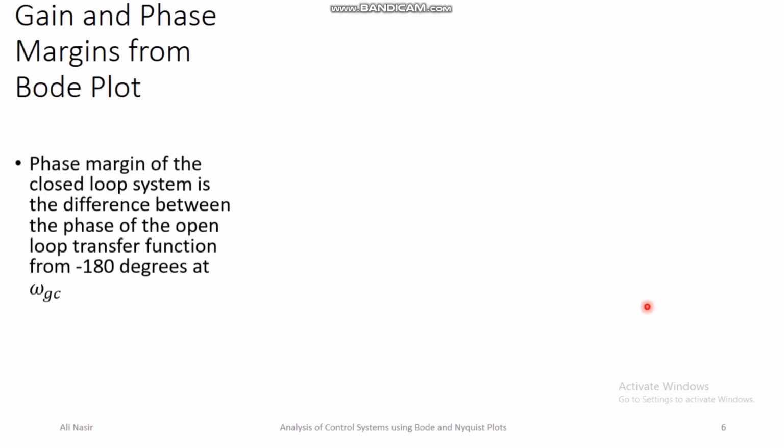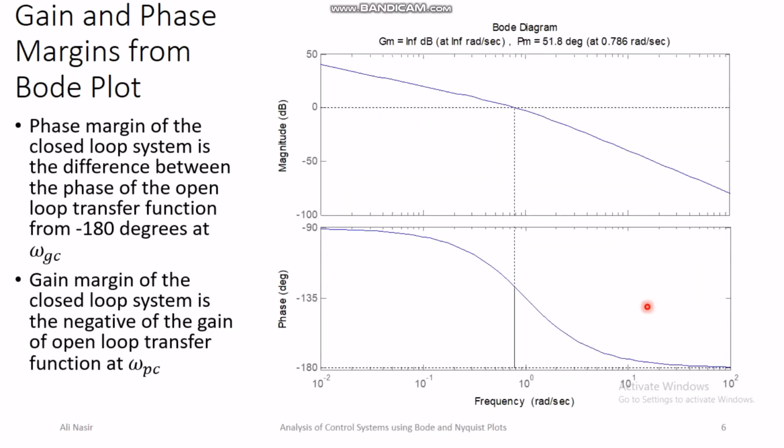Gain margin and phase margin: gain margin is determined at the phase crossover frequency, and phase margin is determined at the gain crossover frequency. At gain crossover frequency, the difference between the phase and minus 180 degrees is the phase margin. In this case it was 51.8 degrees.